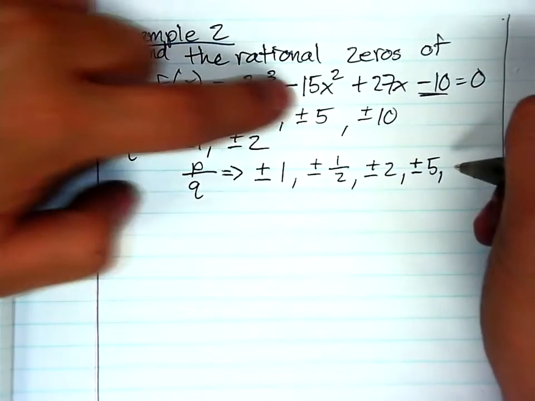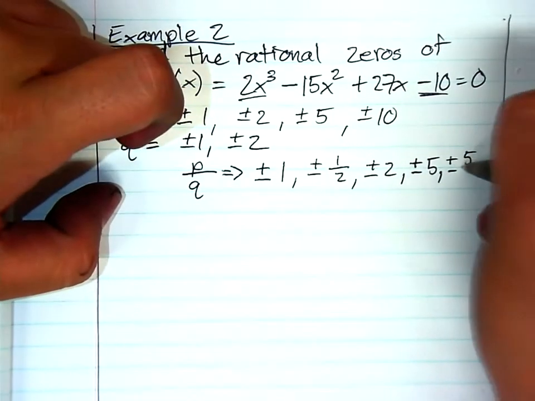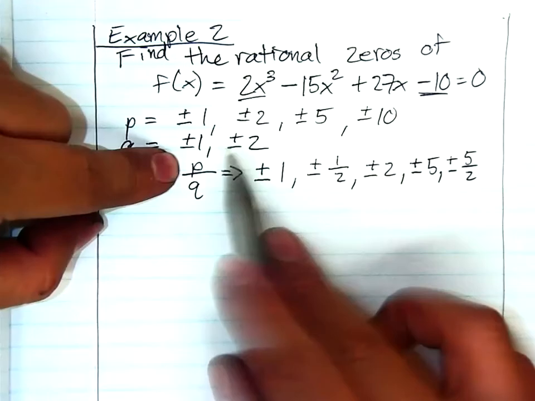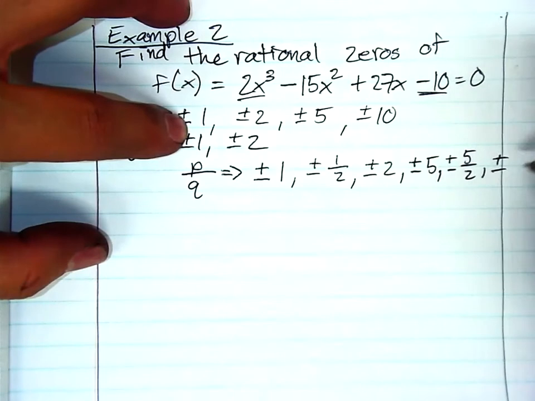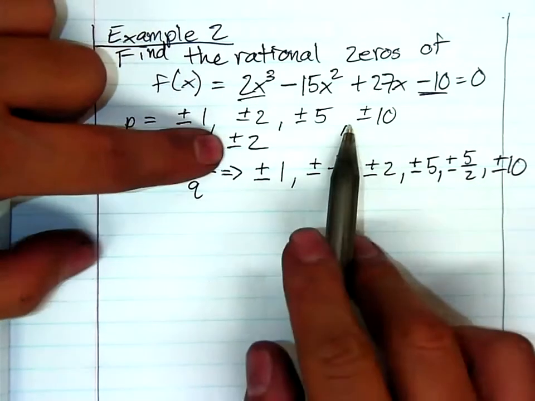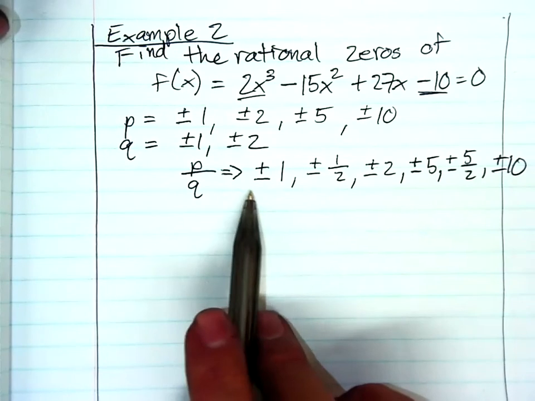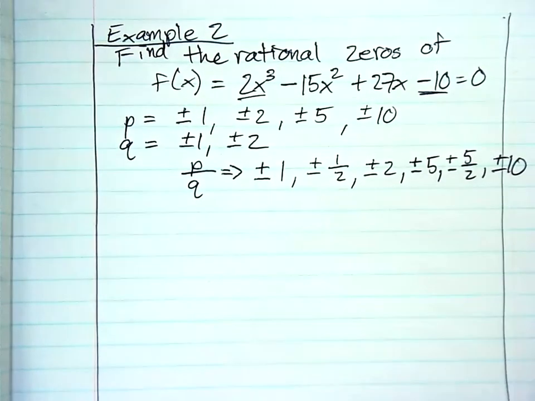Then I get plus or minus 5, plus or minus 5 over 2. And then if I do 10, well, actually I do get plus or minus 10 there. 10 over 2 would just get me 5 again, so I don't have to put that again. But these are all of my possible rational zeros.